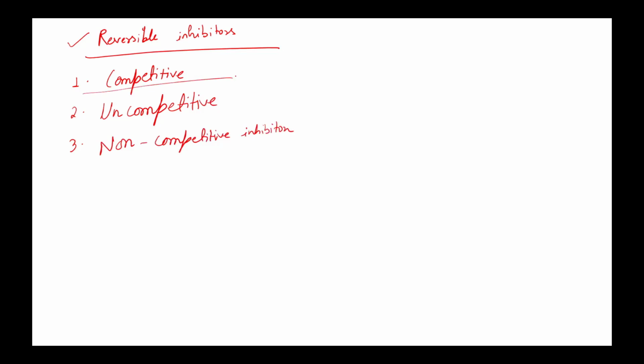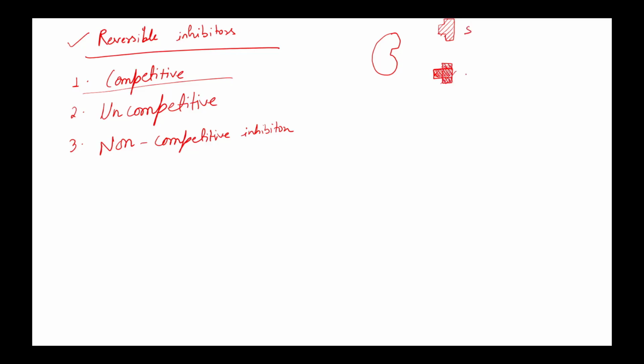Okay, so competitive inhibitor is very simple. As we have discussed, an enzyme has an active site where substrate can bind. If this is our substrate, the inhibitor could also be structurally similar to the substrate.